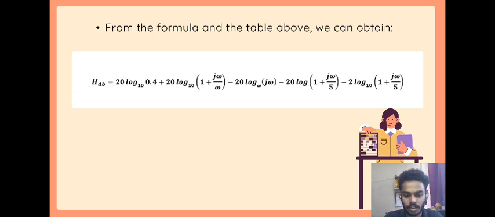And then the fourth term, negative 20 log 10 of 1 plus jω over 5, and the fifth term, which is the same, represent two additional poles at ω equals 5. Combined, they contribute a total slope of negative 60 dB per decade after that frequency. These combinations of terms define the shape of the Bode plot magnitude we explore in the next slide.